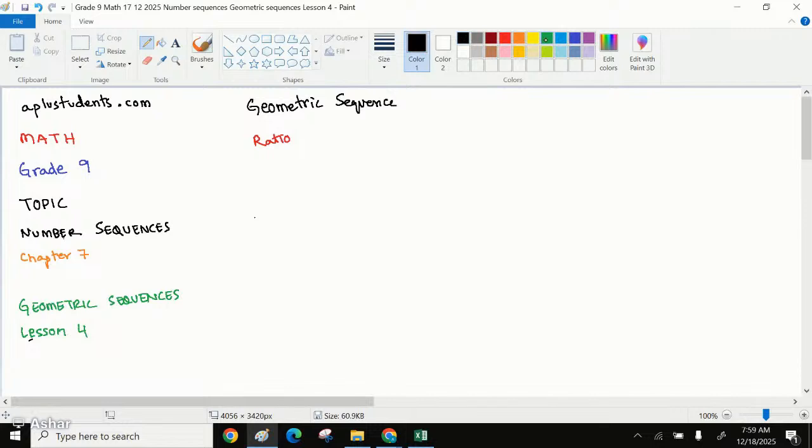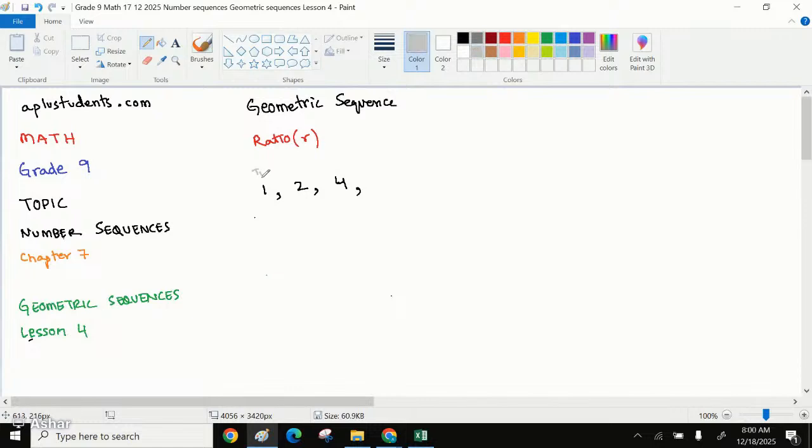Ratio is denoted by a small r as well. So for example, if we have the numbers 1, 2, 4, let's suppose we have the first 3 terms.